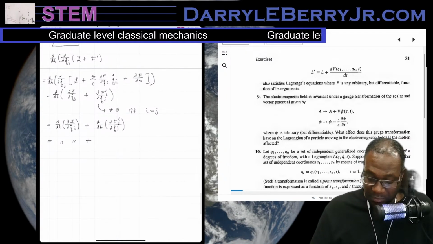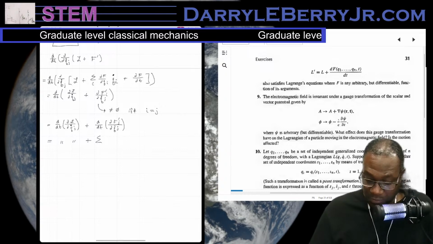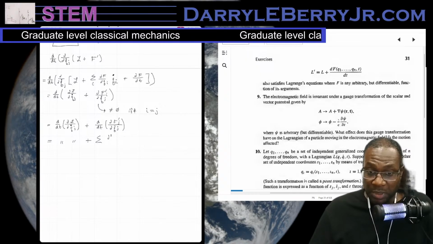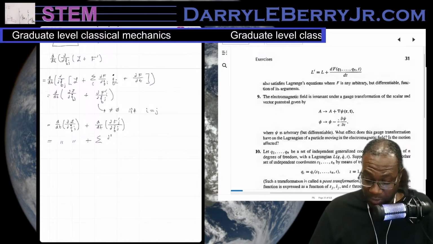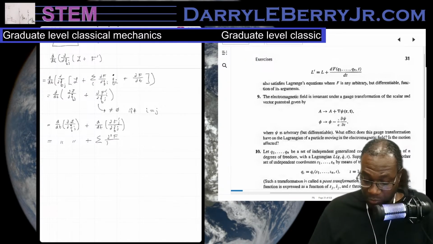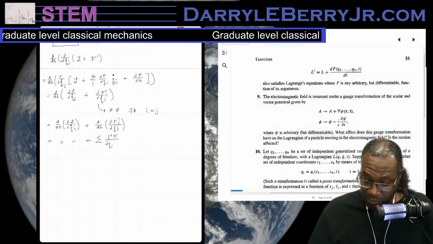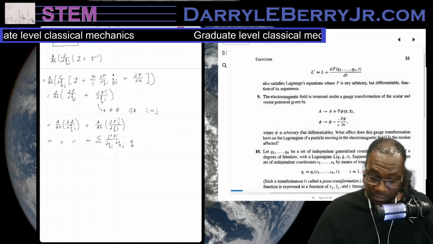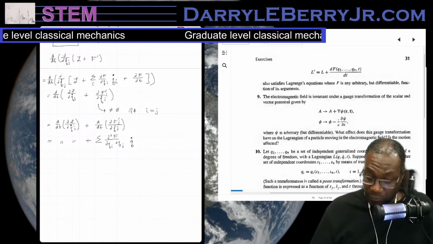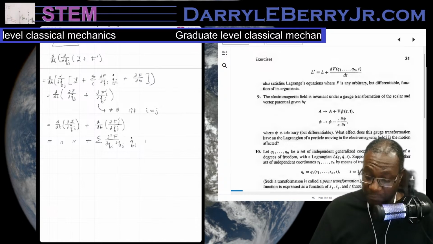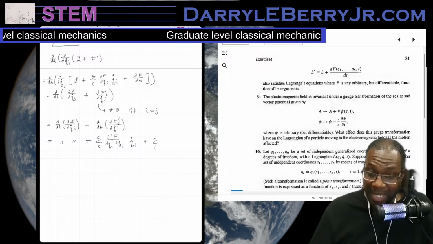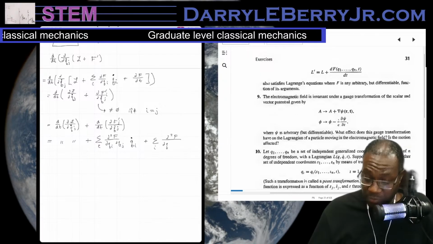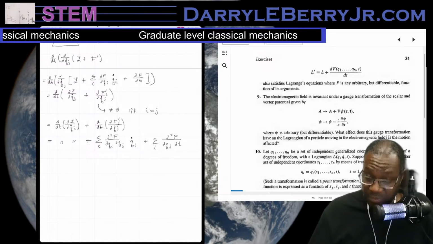So written down, it looks like this: the sum, which I assume is the sum over i, of partial squared f over partial q i by partial q j, and then q i dot, plus the sum, which I'm assuming is over i, of partial squared f over partial q by partial t.